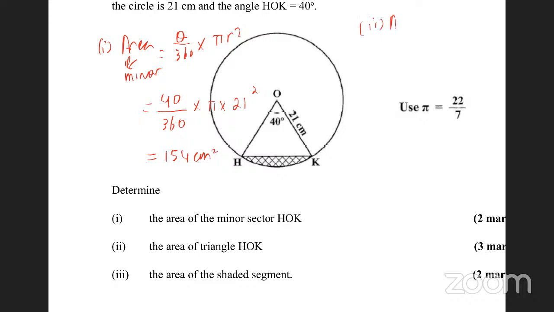Right, next, part 2. They want us to get the area of the triangle, right? As I told you, you're just using a half AB sine C, okay? But what is A and B?